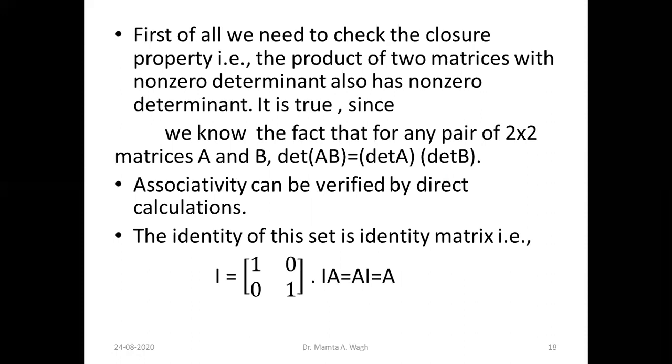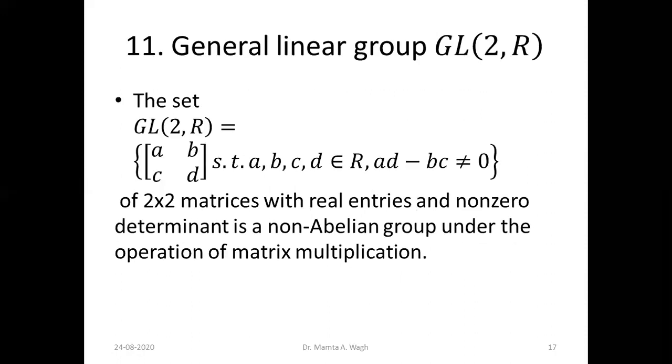First of all you have to check the closure property: if you multiply two 2 cross 2 real matrices under matrix multiplication, then the result will be a matrix and the entries will be real numbers. So this set is closed. And if you have two matrices with non-zero determinant and multiply them, the resultant matrix will also have non-zero determinant.